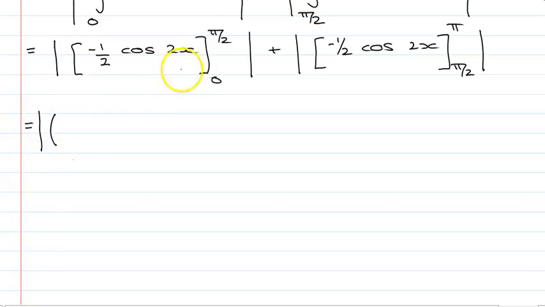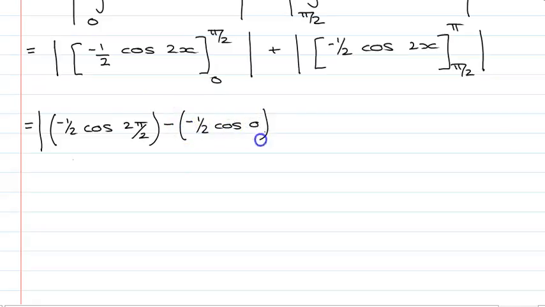So to begin with, I'm going to substitute in pi upon 2. So I've got minus a half cos 2 pi upon 2, take away, now I'm substituting in 0, minus a half cos of 0. That's the first one. Plus, let's substitute now in pi into this.